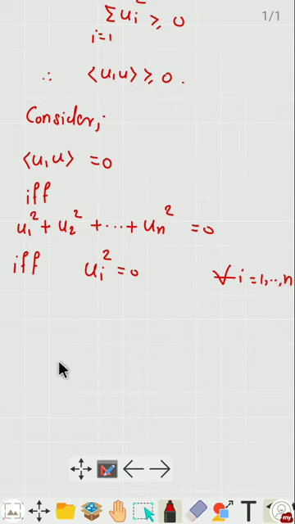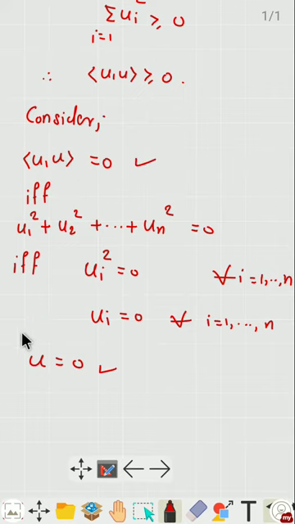And ui square is 0 means ui is equal to 0 for all i equal to 1 up to n. So all ui's are 0 means the vector u is equal to 0. So we have this: inner product of u with u equal to 0 if and only if vector u is 0. So all four properties are satisfied by this product, therefore it is an inner product on Rn.